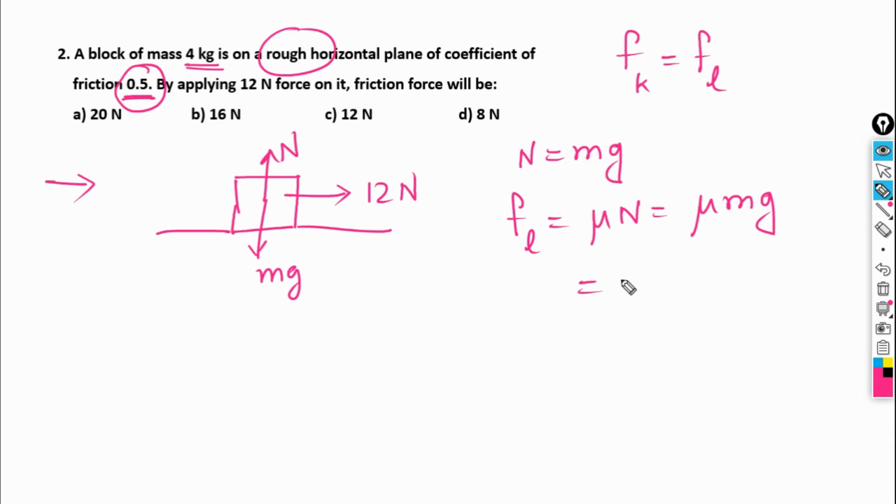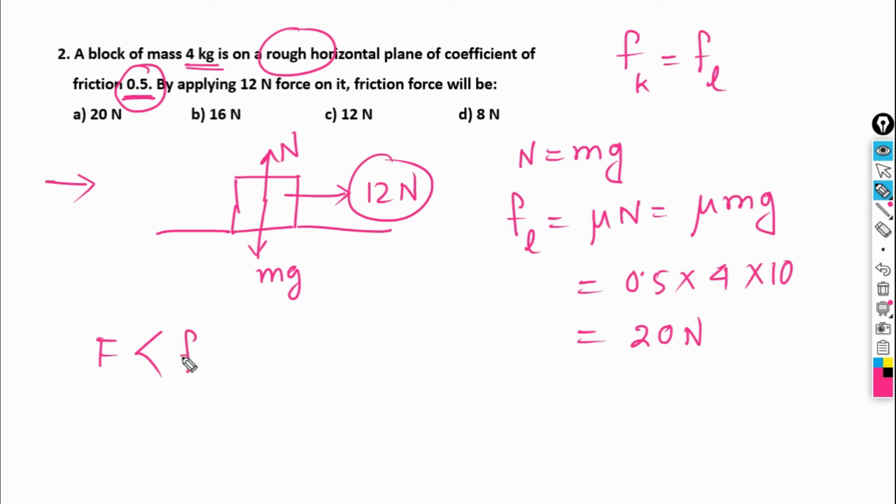Mu is 0.5, m is 4, g is 10, so you will get 20 Newton. So limiting friction is 20 Newton and applied force is 12 Newton. Applied force F is less than limiting friction.